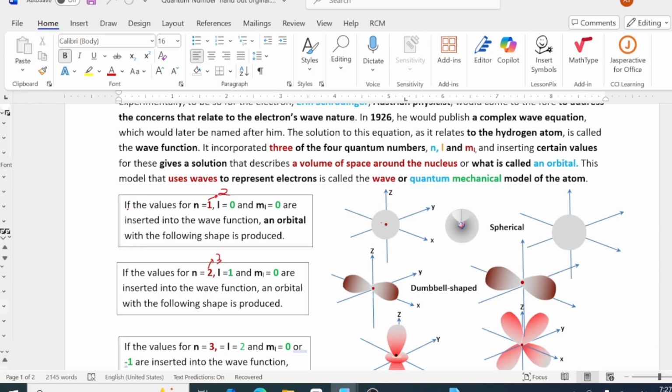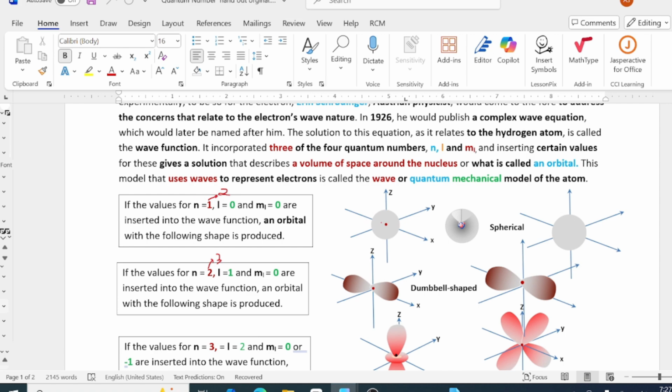If the values for n equals 1, l equals 0, and ml equals 0 are inserted into the wave function, an orbital with the following shape is produced. Here we see a spherically shaped orbital is produced.